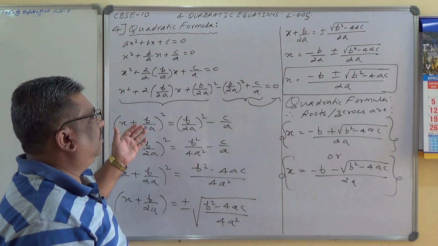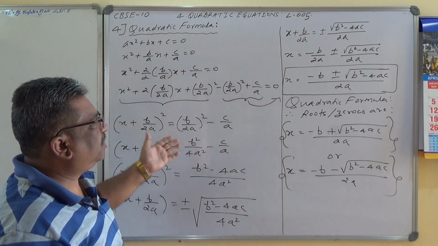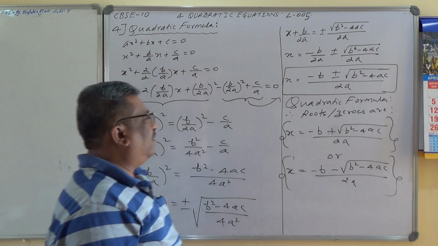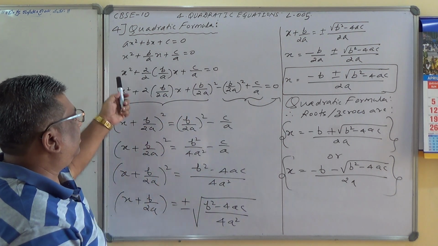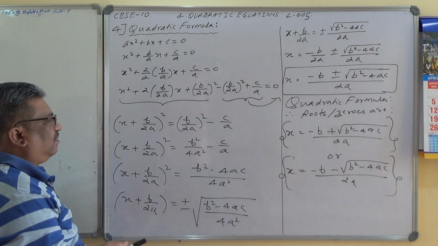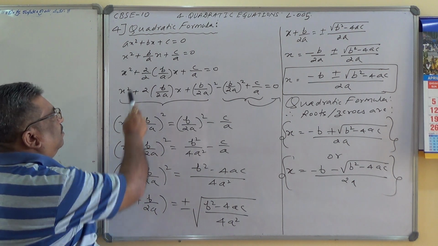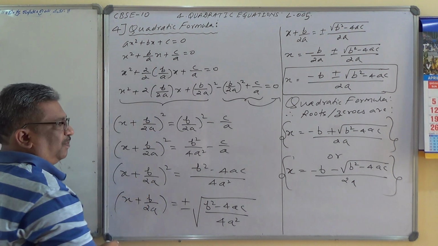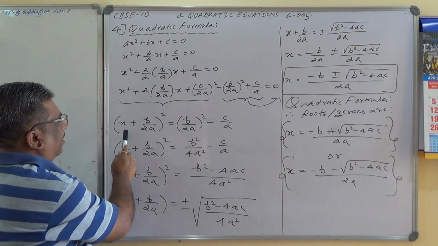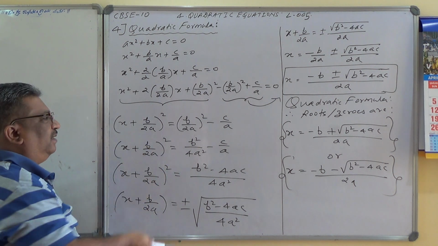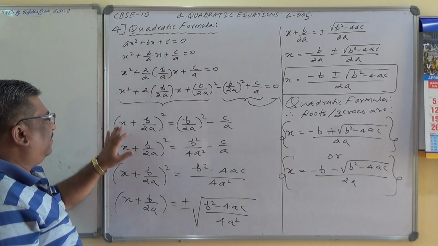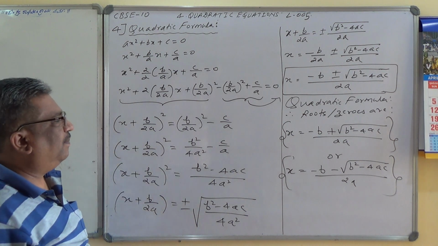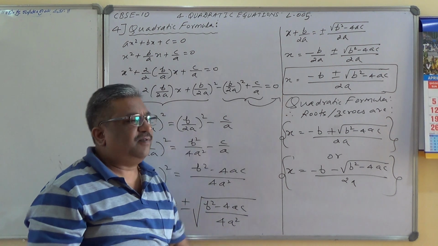First of all, I derived the expression for the quadratic formula by the completing square method. Why it is called the completing square method is that I wanted to convert the given equation into the form of a plus b the whole square, and then find out a plus b and then find the value of x. This is called the completing square method and this is the quadratic formula.